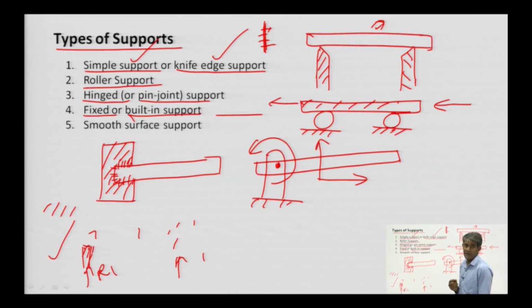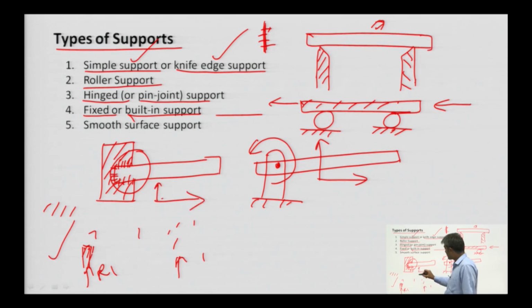What I mean to say is that at this contact, this rod is neither going to move in this direction, nor in this direction, nor can it rotate in this direction. All three degrees of freedom at this contact point are restricted.